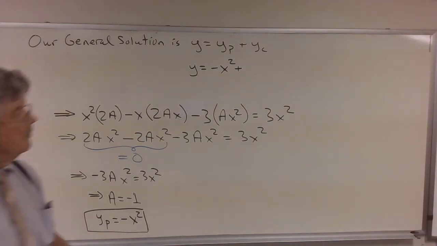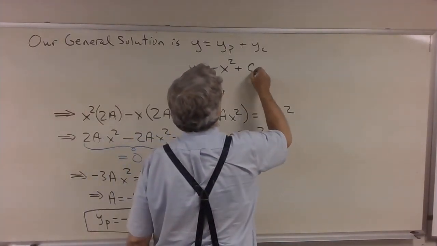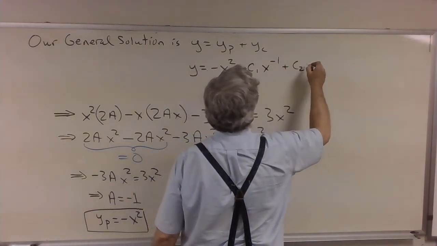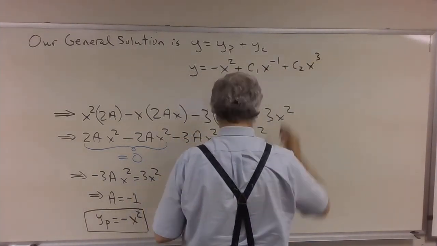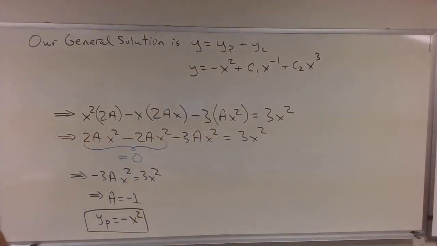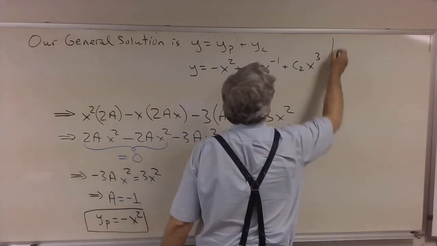C1 x to the negative 1 plus C2 x to the third. Is that right? That is. So here's our general solution.